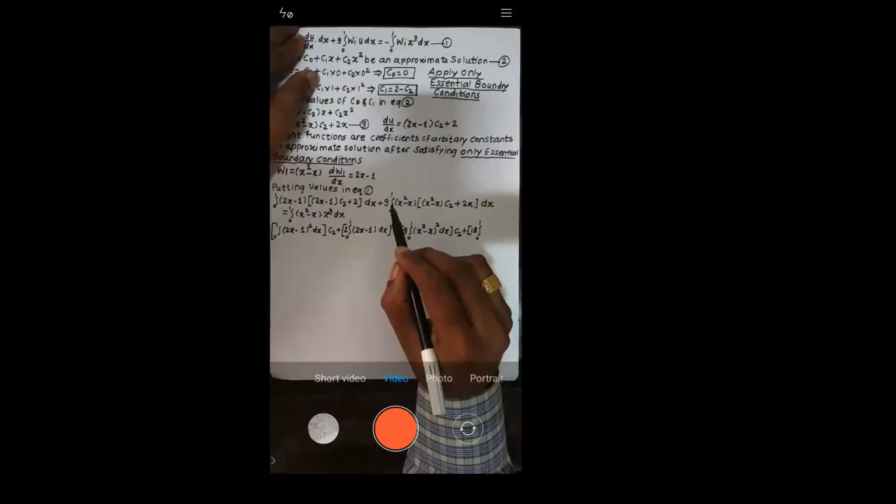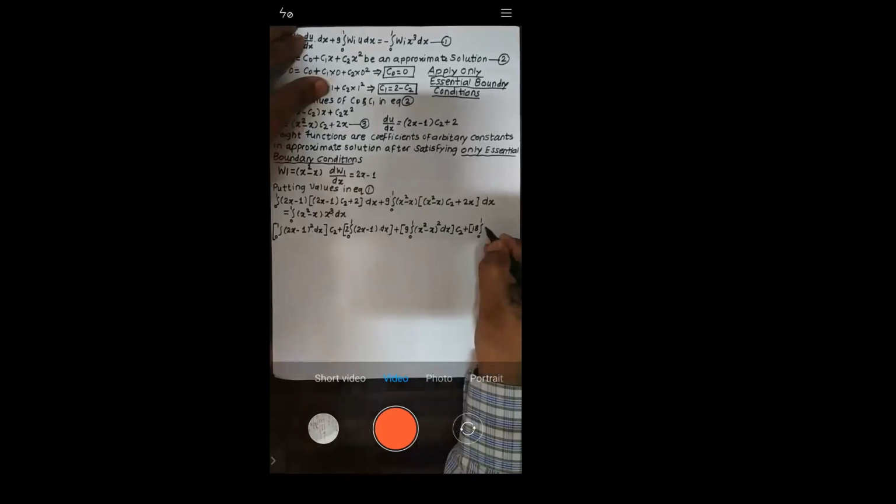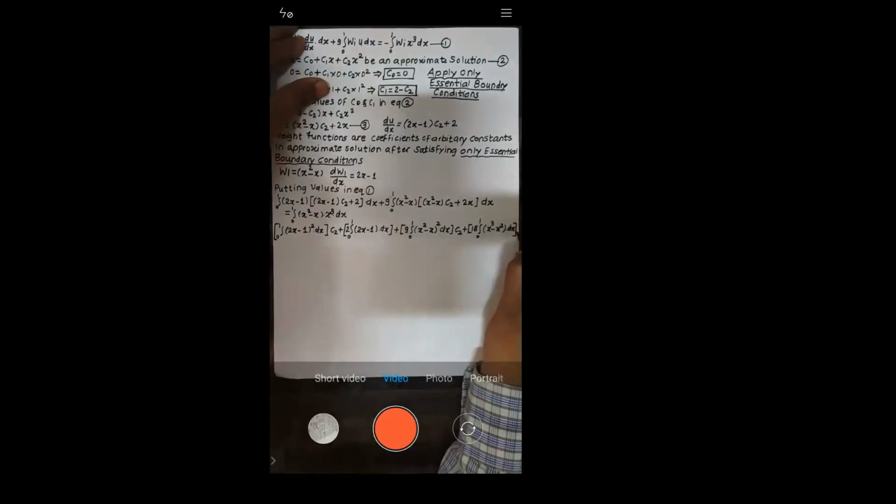And what is remaining? This x is remaining. So x you multiply to x square. So this becomes x cube minus x square, x cube minus x square dx. Is it okay? Yes or no?